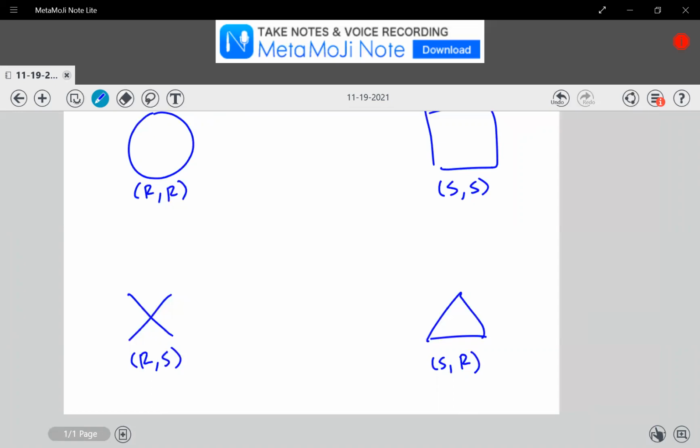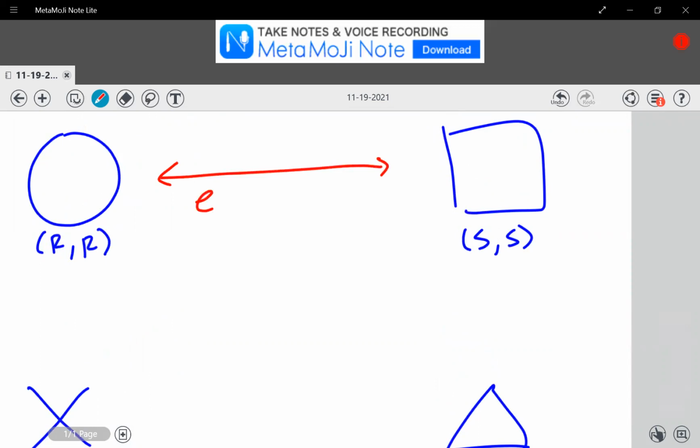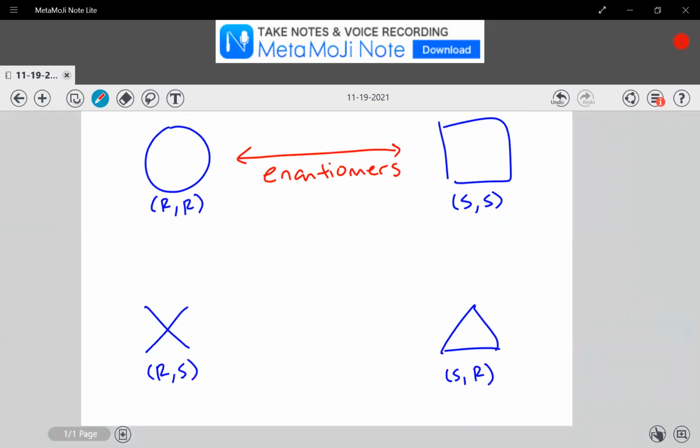What is this? Well, if their stereochemistry are opposites, like R and S, they are enantiomers. R is the opposite of S. They're enantiomers.